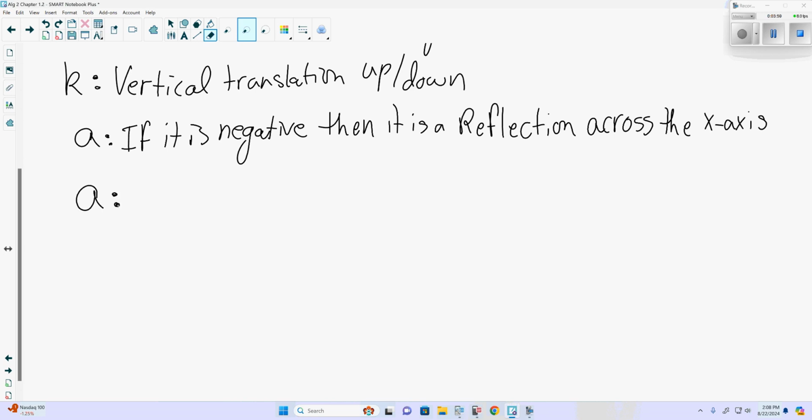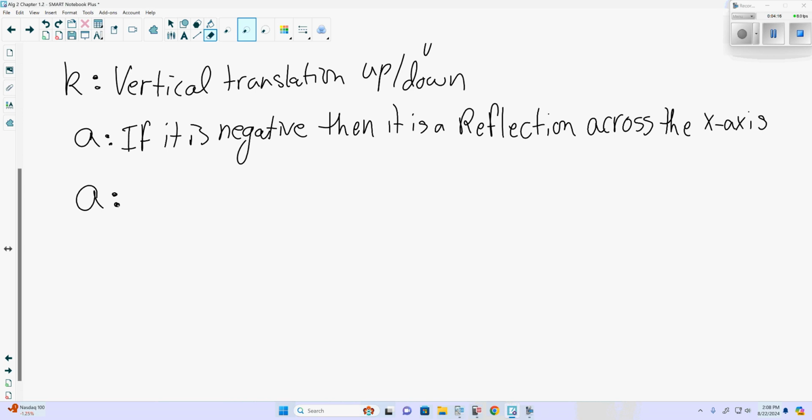We have one more we're going to apply, and it is dealing with a again. I had someone during fourth hour ask if we can use a different letter than a, but a has different parts to it. If it's negative, specifically negative, it's a reflection.